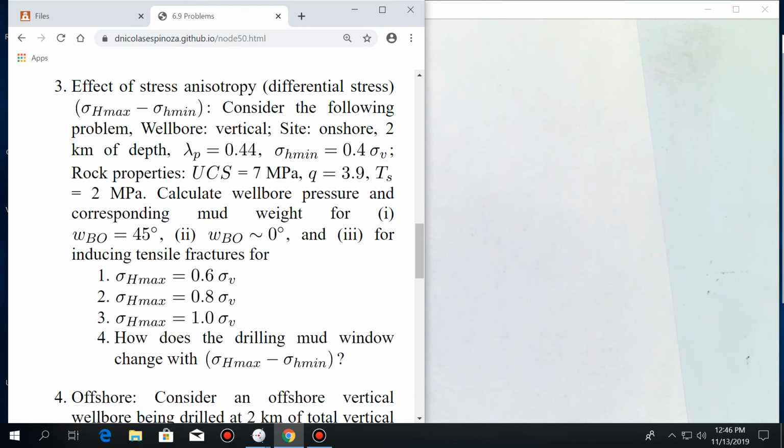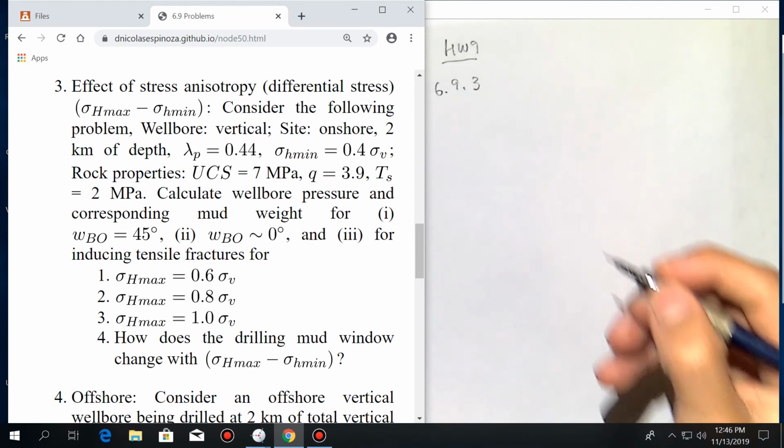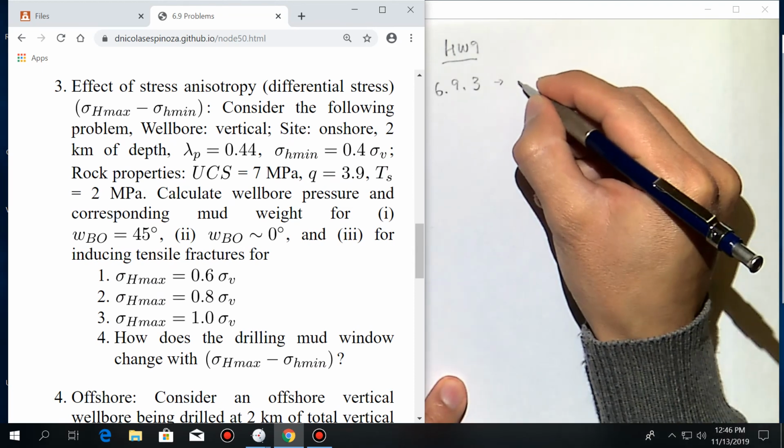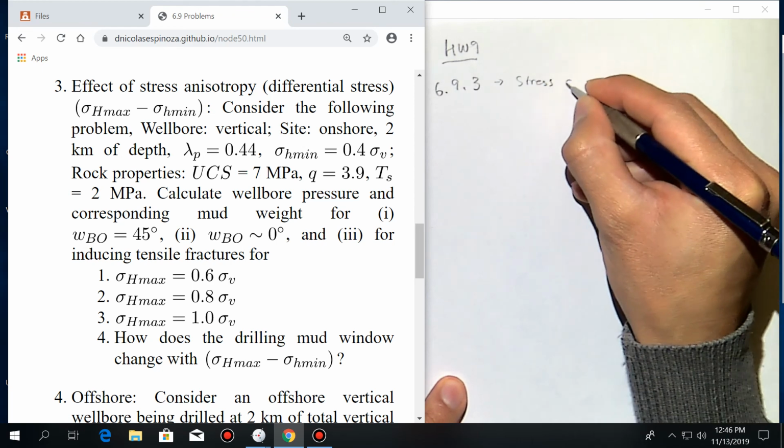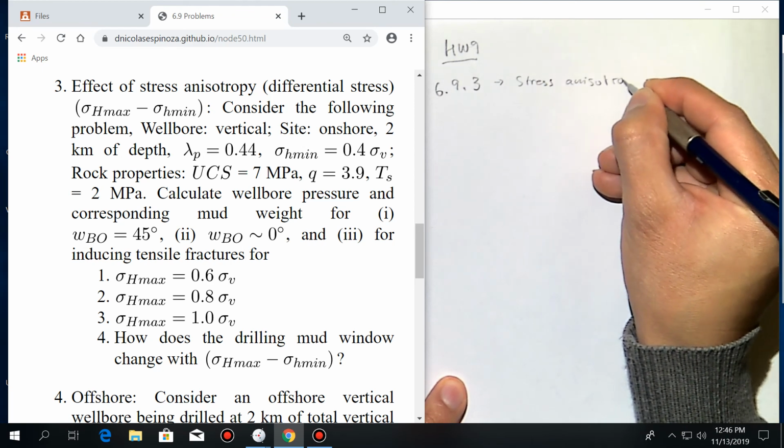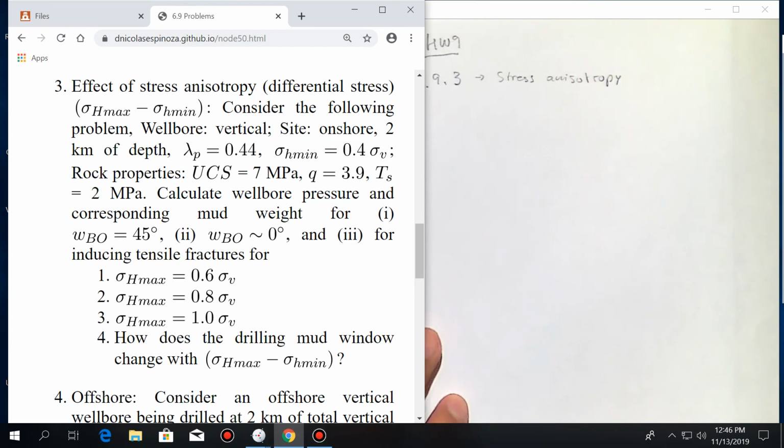Okay, problem 693. It's about exploring stress anisotropy for a vertical wellbore.